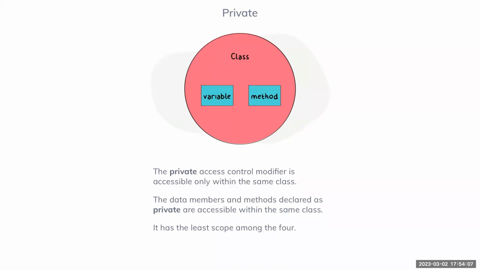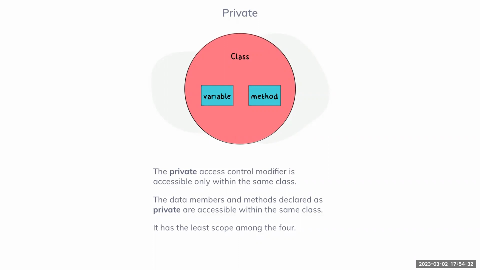Within the class only, you will be able to access the data members which are declared as private. If you want to access them outside of the class, you won't be able to use them if you declared them as private.